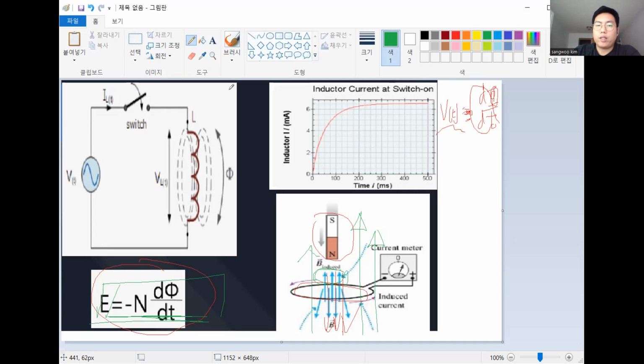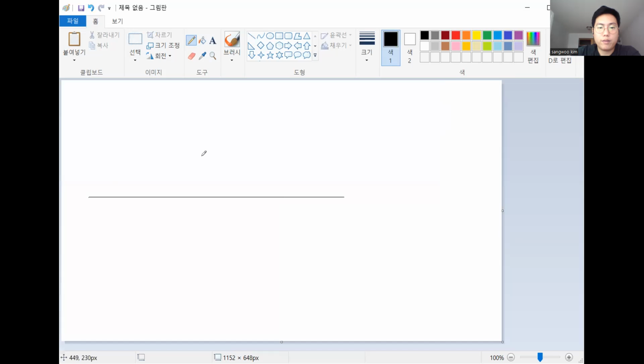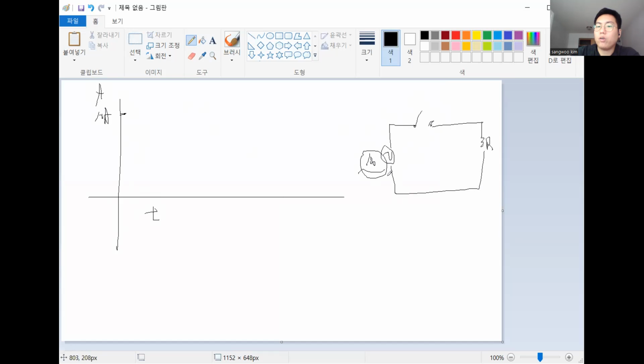So what I meant is, look at that, guys. This is time, this is current in amperes, for example 10 ampere. If the circuit is just R, with a 100 volt source voltage and a 10 ohm resistor, then by Ohm's law I is V over R, so 10 ampere.